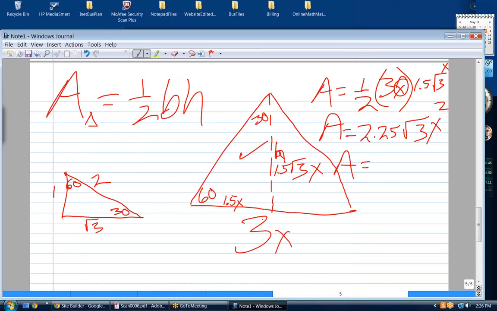So I gave it a side length of 3x. It's 1/2 the base times the height. Yeah. And that's 1 and 1/2 times 1 and 1/2, which is 2 and 1/4 times square root of 3 x squared. All right, so that's our answer.